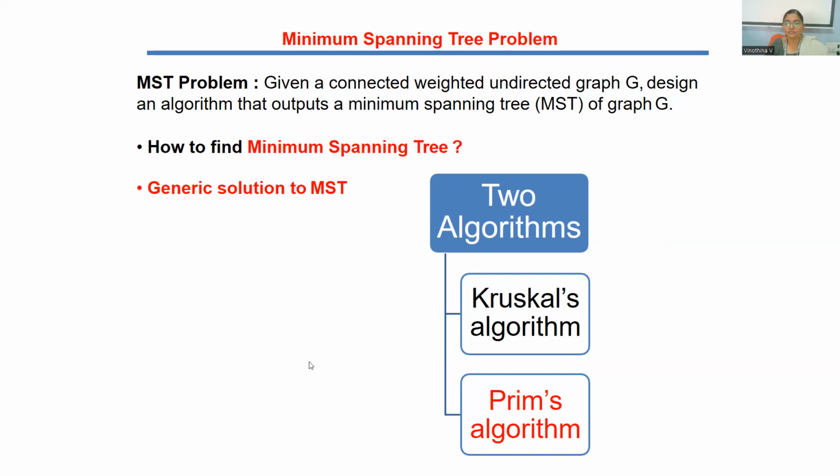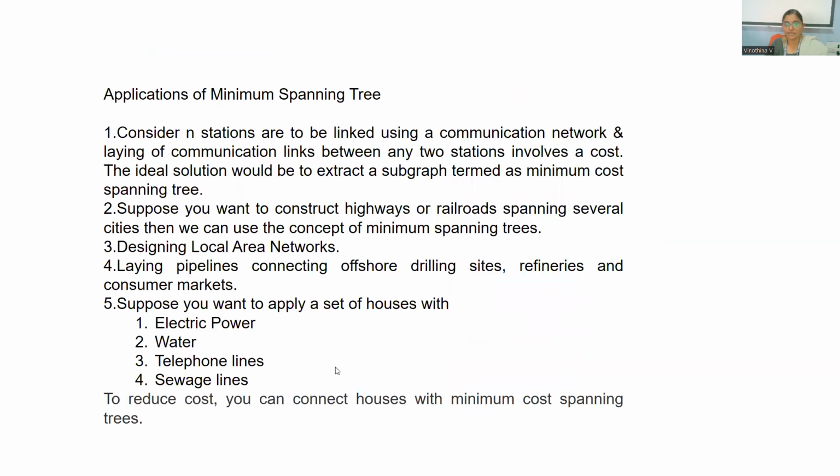Using Kruskal's algorithm and Prim's algorithm. So what are the applications of minimum spanning tree? Minimum cost spanning tree is mainly used in communication networks and laying of communication links between two stations, which involves a cost.